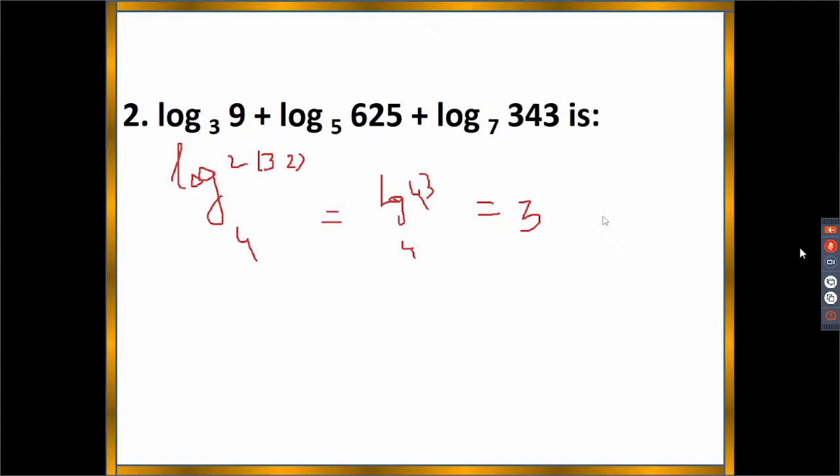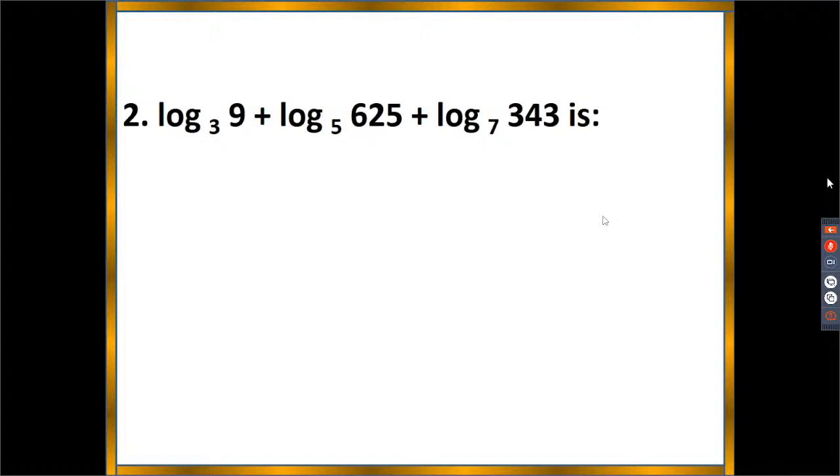But 9 can be written as 3 square, so log 3 square base 3 is nothing but 2. Log 625 means 5 power 4, so log 5 power 4 base 5 means 4. Log 343: 343 means 7 cube, so log 7 cube base 7 means 3. So what is the total answer? 2 plus 4 is 6, 6 plus 3 is 9.